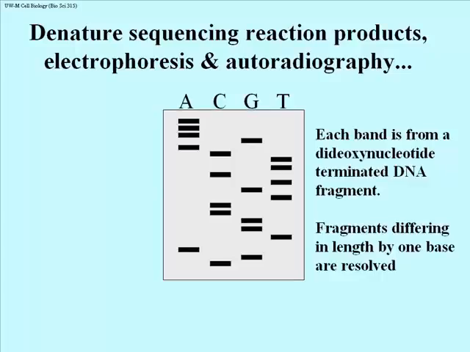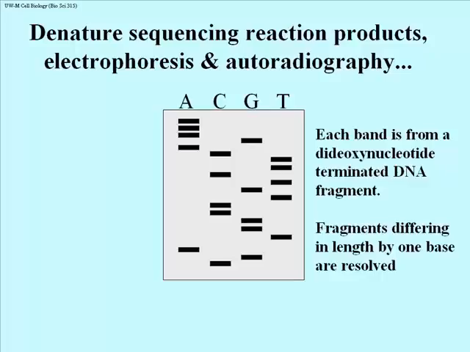And since you can get fragments on a system like this up to 300 bases long, what we're really saying is when you look at a real autoradiograph, you can see pieces of DNA that differ in length by one nucleotide. In the case of a 300 base long fragment that you're trying to sequence, that means you're looking at distances that are 1/300th of the entire length of the sequence that you're looking for.